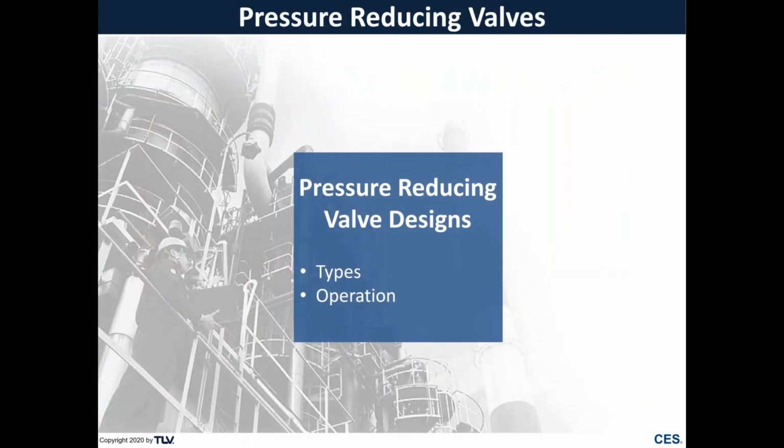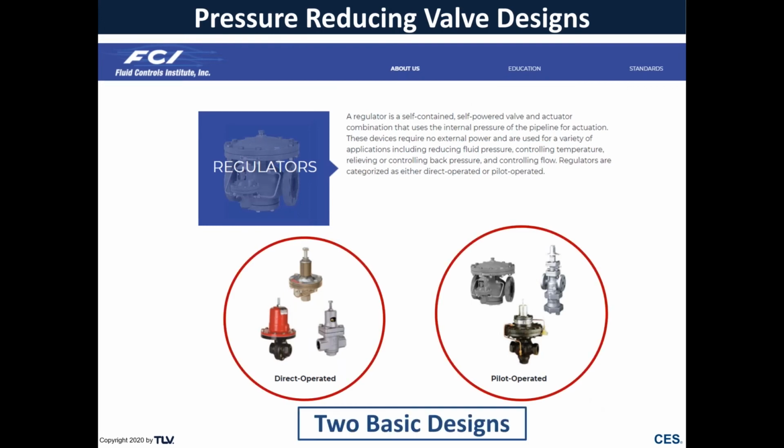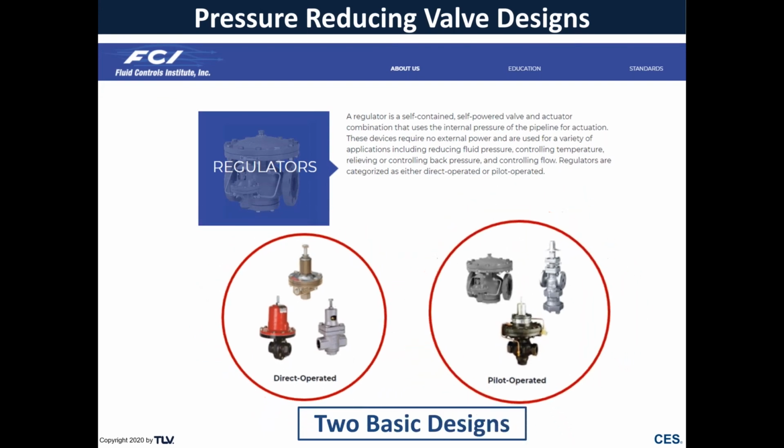Now a review of the principal types of pressure reducing valves used in steam systems. Steam pressure reducing valves, or regulators as they are also known, are grouped into two basic designs: direct operated and pilot operated.